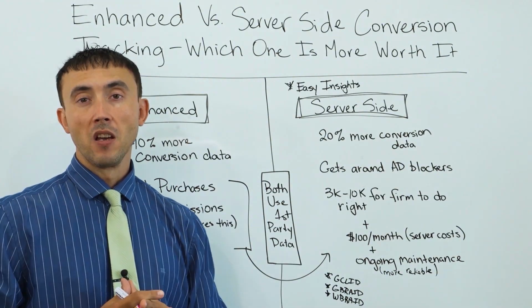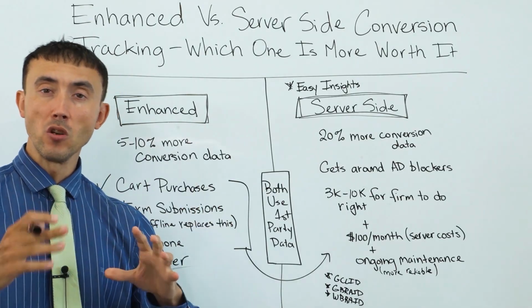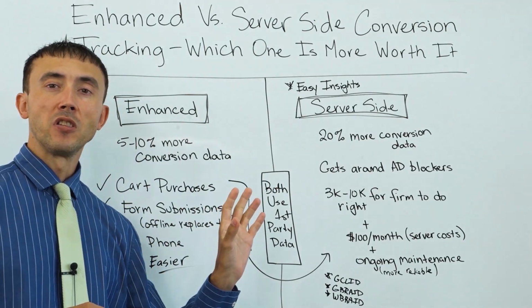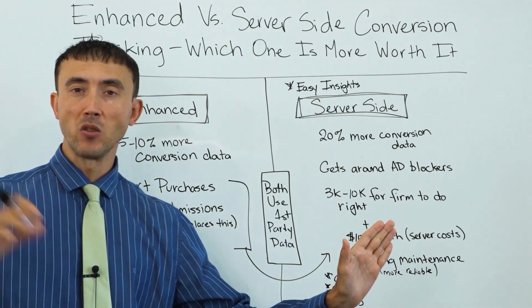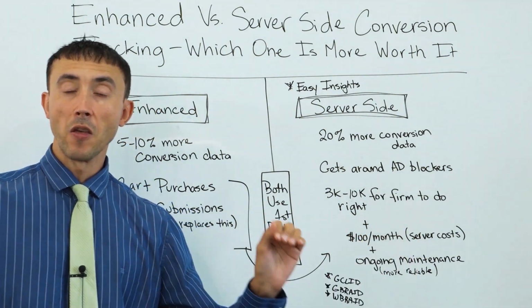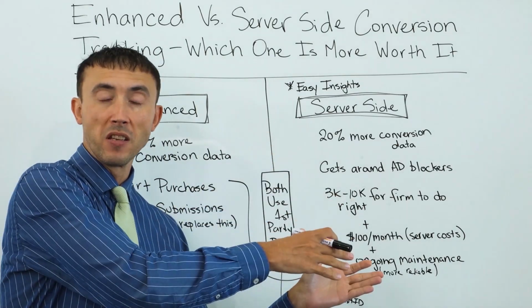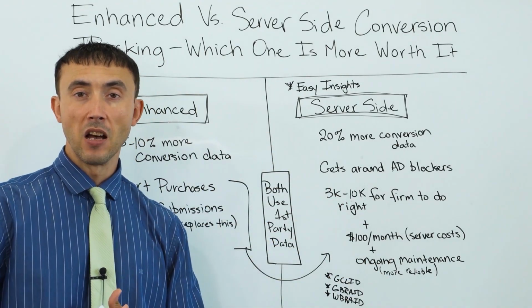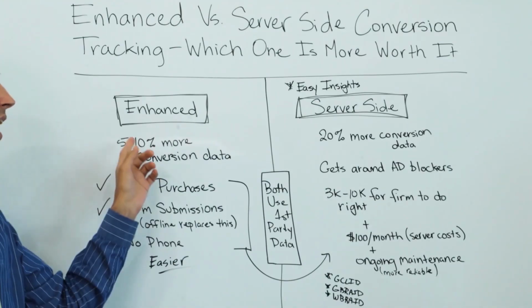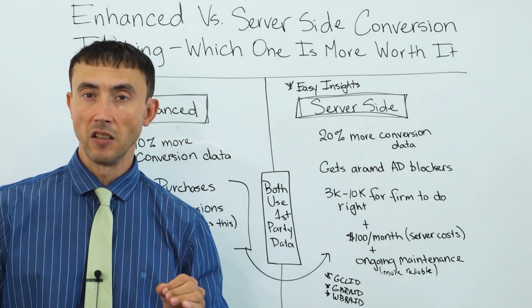That is useful because if somebody starts out on your website, then switches devices and purchases there, having the email and phone number still being sent to Google will get you extra conversions. That is also how enhanced conversion tracking picks up a little bit more conversion data.